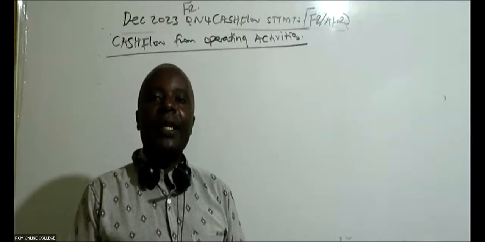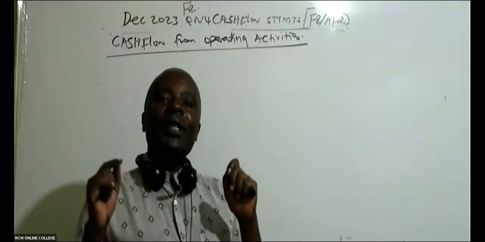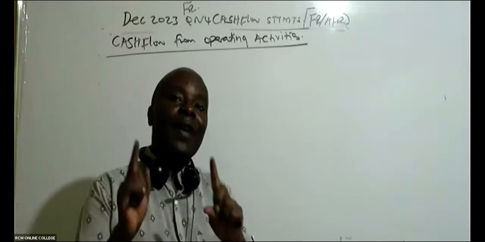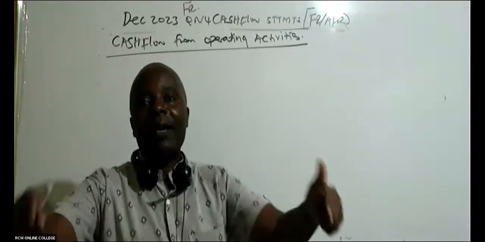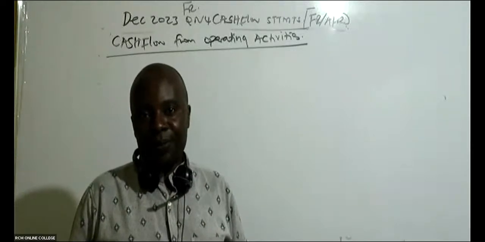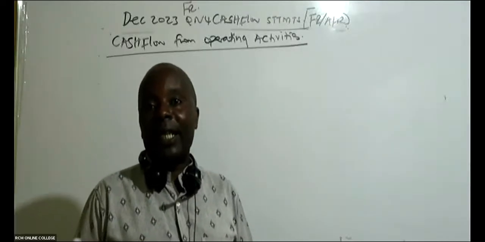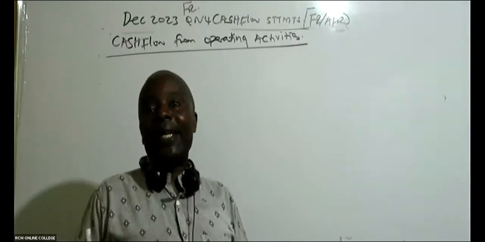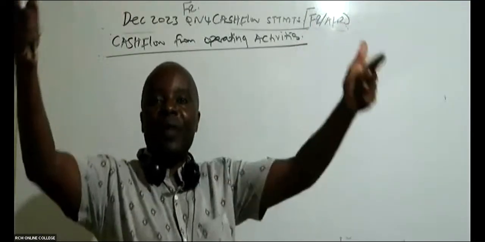Then we have cash flows coming from investing activities. We invest, for example buying shares of other companies, and getting dividends. We buy assets like property, plant, and equipment, and intangible assets. So we are investing for our longevity.